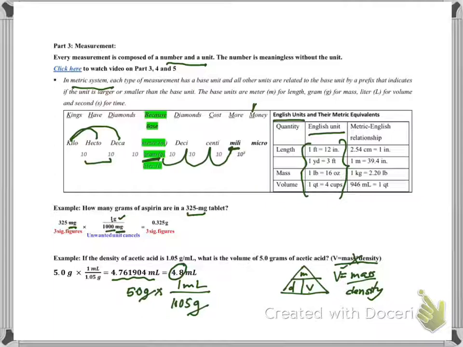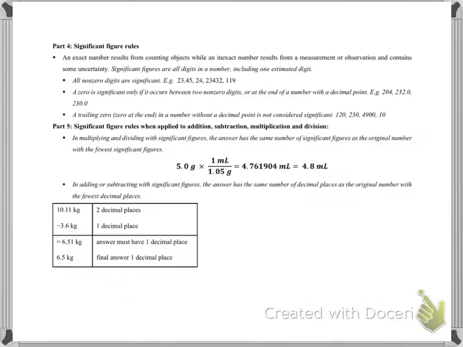So how do we decide how many digits we need to put in the answer? It depends on the numbers given in the question. So for that, you have to understand the significant figure rules. Significant figure rules are that whenever we do a measurement, we have numbers that are exact, but then they also should include one estimating digit.